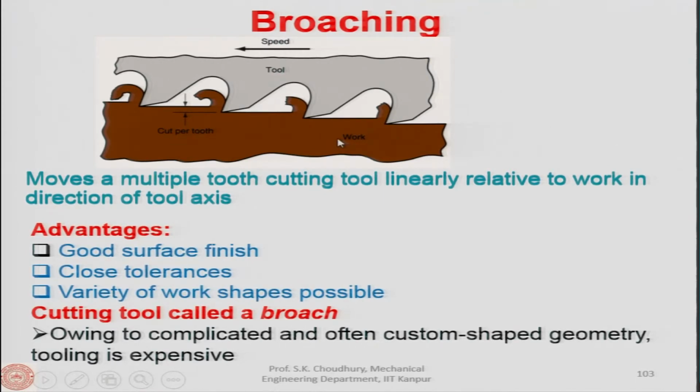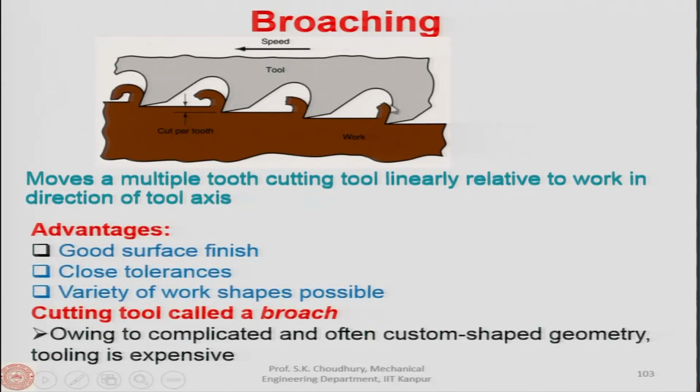That is the difference between broaching and the other processes. As a result, the last tooth, as you understand, will be taking the finish cut, because that is the final cut. So, that tooth will actually give the finishing of the workpiece surface. All the other teeth will do the rough cutting.